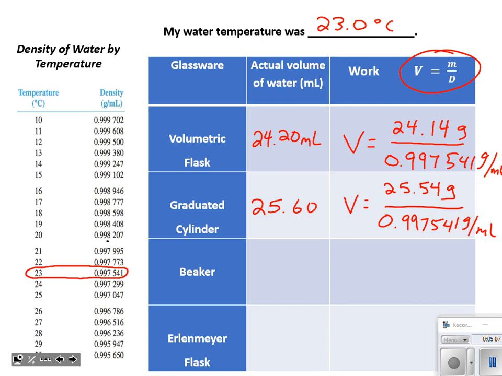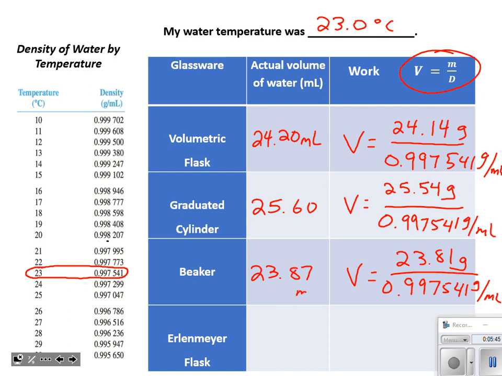Moving along down, the beaker, my average mass is going to be 23.81 grams. I put my density at the temperature again, and I come up with a value of 23.87 milliliters.